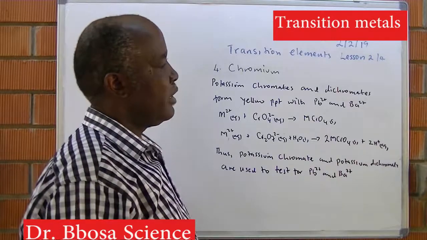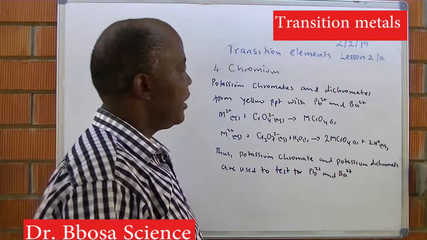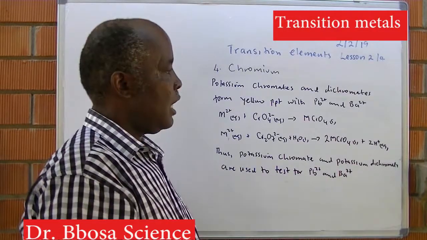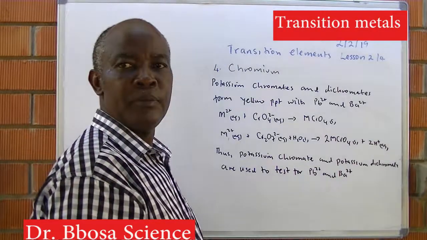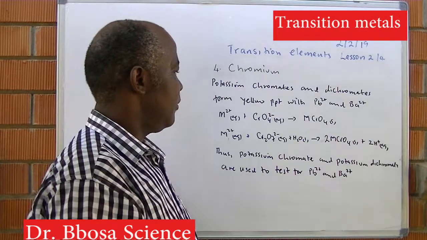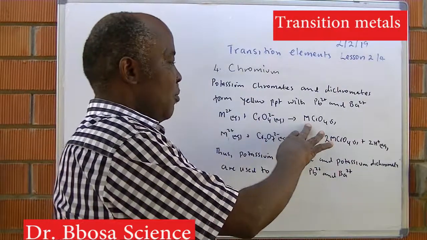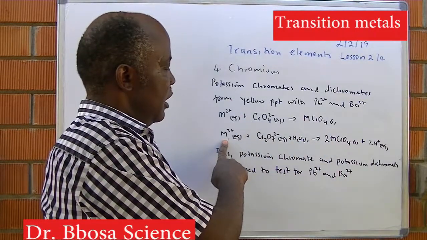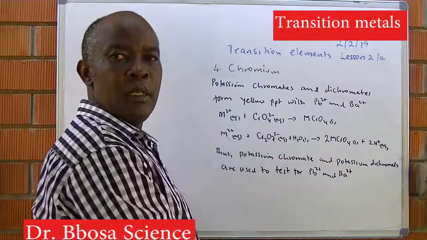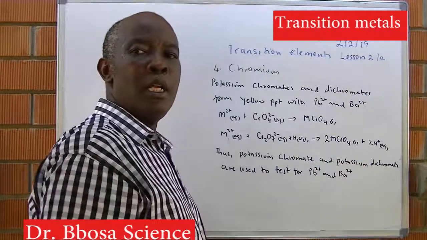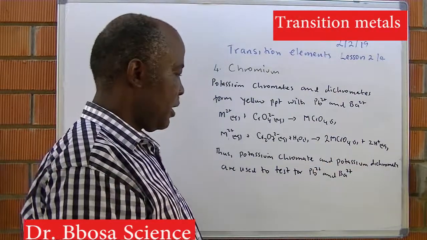Potassium chromate and dichromate form a yellow precipitate with lead and barium ions. So barium ion plus chromate, you get barium chromate. Lead salt plus potassium dichromate will give you lead chromate.